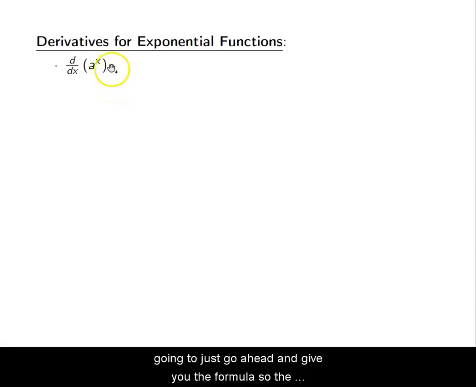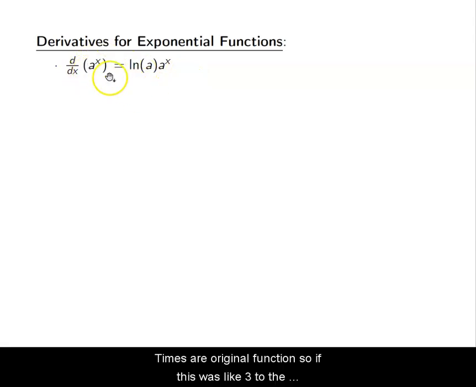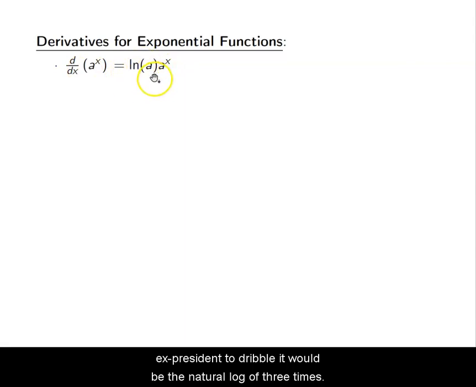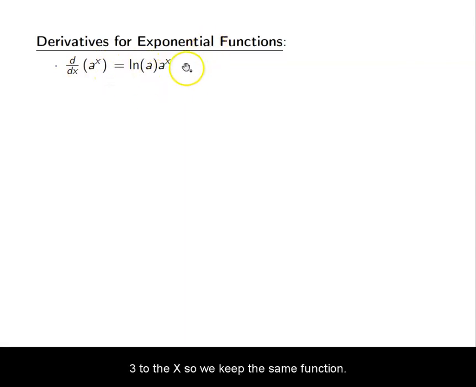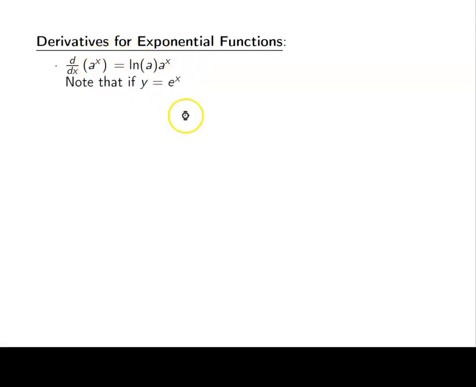So we're going to just go ahead and give you the formula, right? So the formula is the natural log of the base times our original function. So if this was like 3 to the x, for instance, the derivative would be natural log of 3 times 3 to the x.